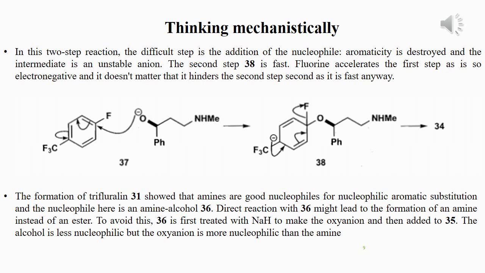So, as I have explained in the previous slide, from the attack of alcohol on the aromatic ring, intermediate 38, which is an anion, is formed, stabilized by resonance, and then the second step is the leaving of the fluoride ion.